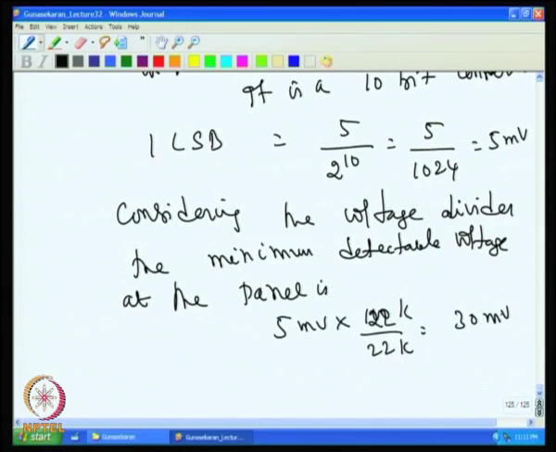So below 30 millivolt it cannot be detected; the minimum resolution of panel voltage measurement is about 30 millivolt.